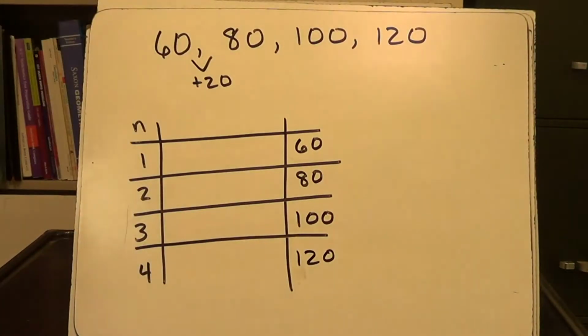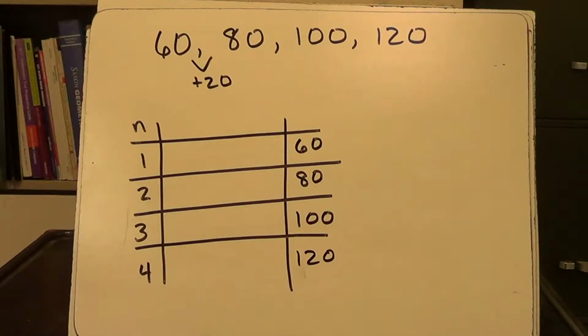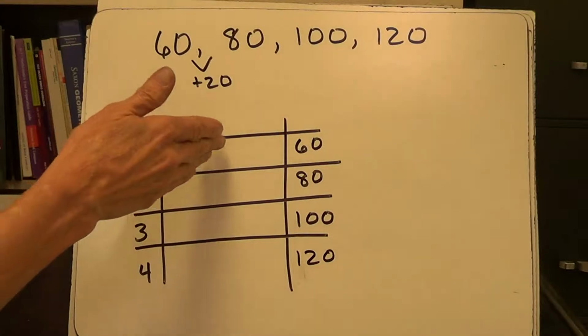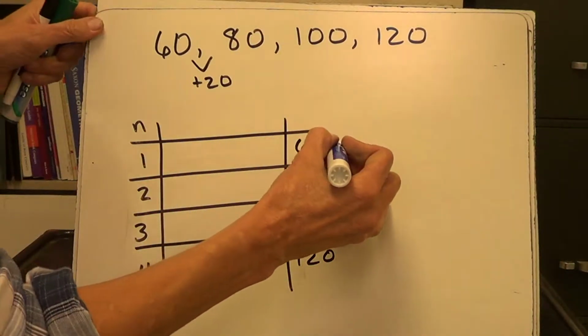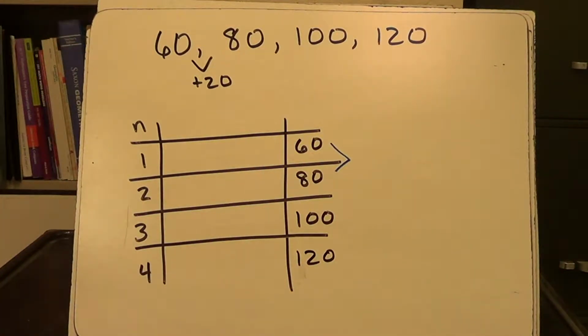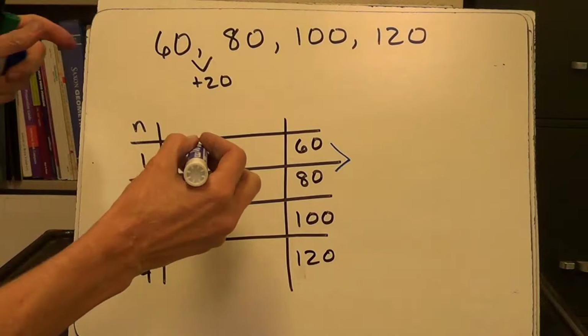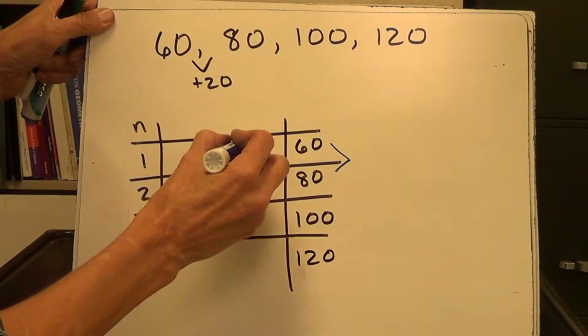Okay? So now I want you to come up with the explicit rule. And remember, on the explicit rule, it was really nice because we could just plug in the term value and get what was happening over here. We are adding 20. And so if you remember right, from the rules, we knew that we would add 20 times something.